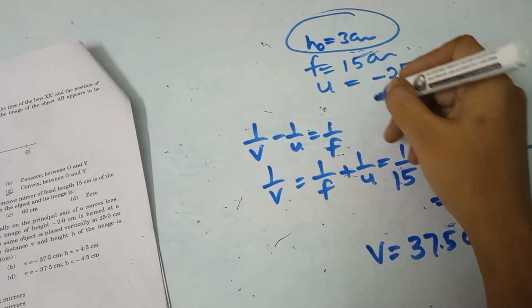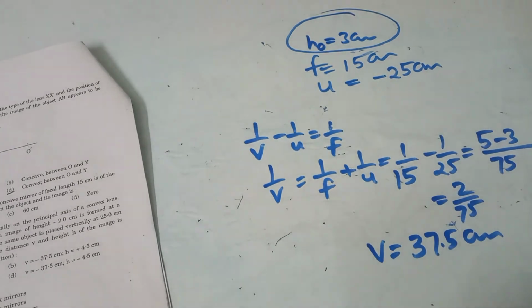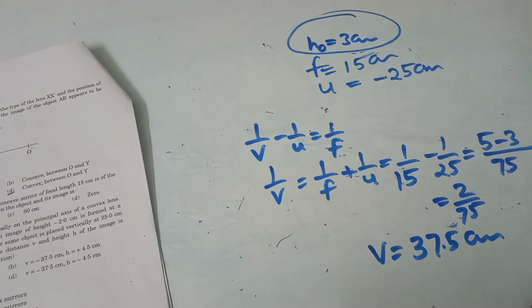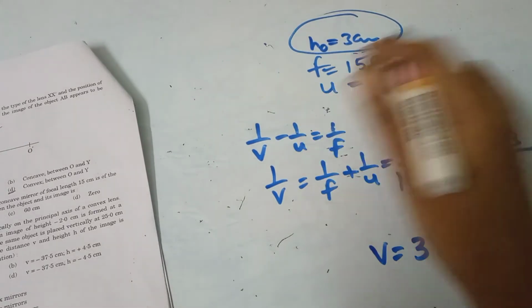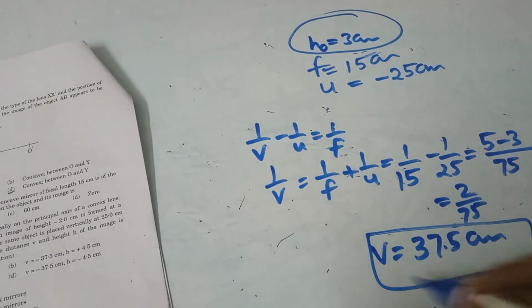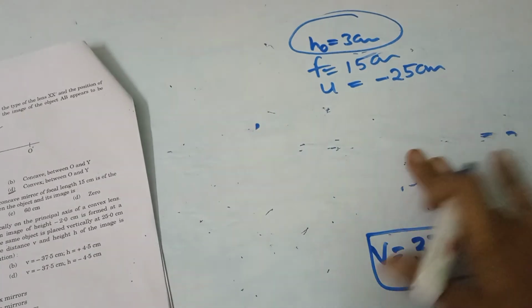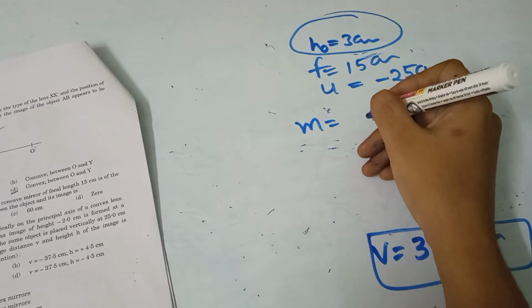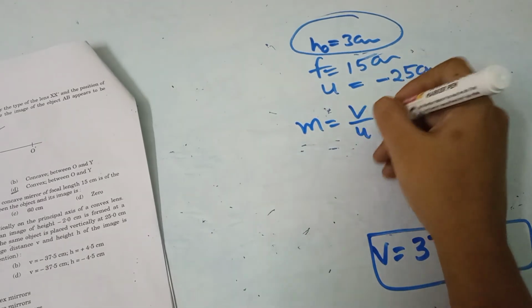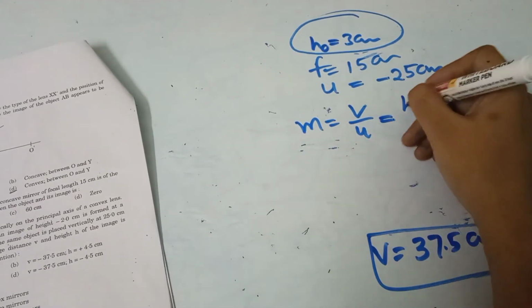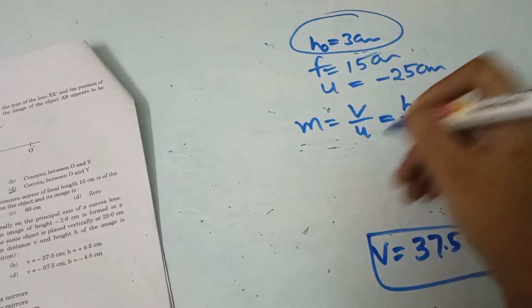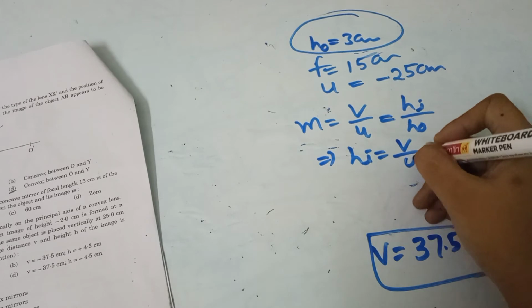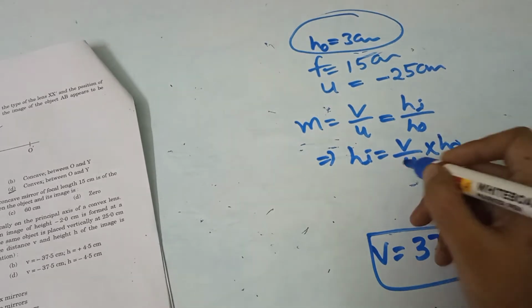And now magnification, because we will use the magnification formula. This V is the distance of the image. Magnification is equal to V by U is equal to HI by HO. So from here HI is equal to V by U into HO.